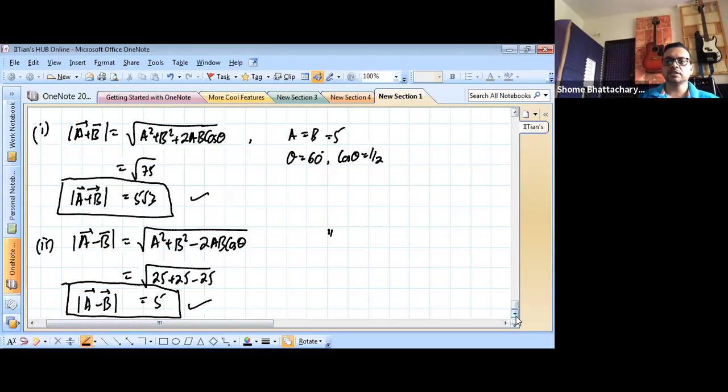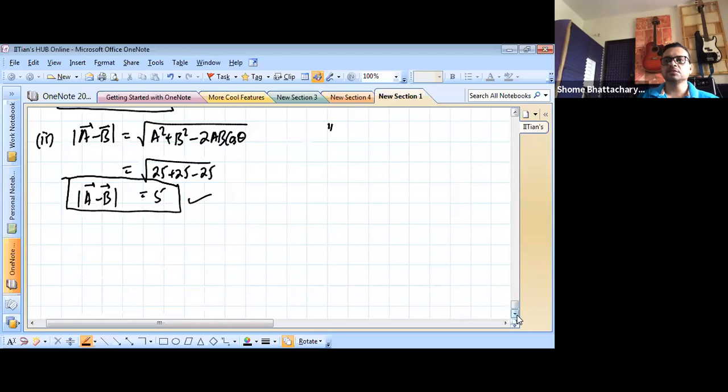Yes, very good, Aman. That's correct. In the second case, it will become an equilateral triangle. Aman, that's why in the first case, it will be an isosceles triangle.